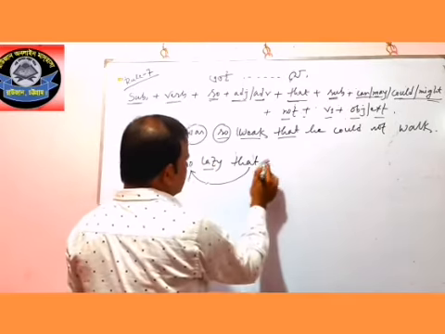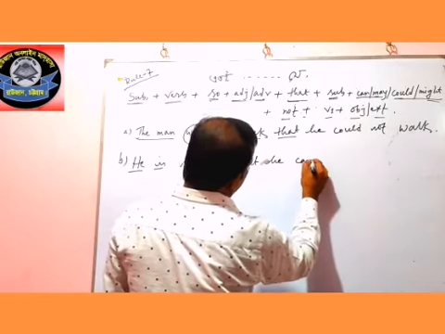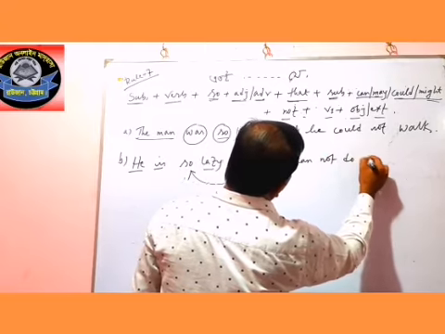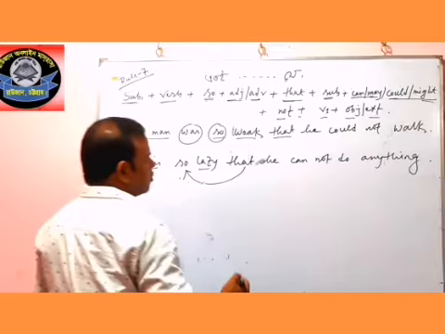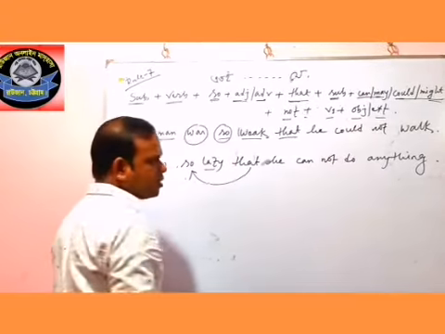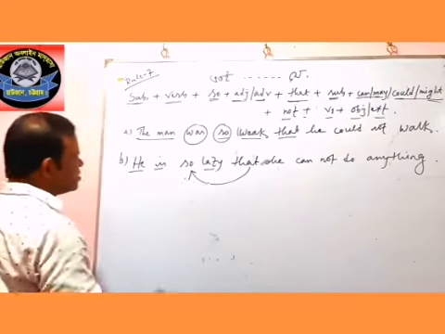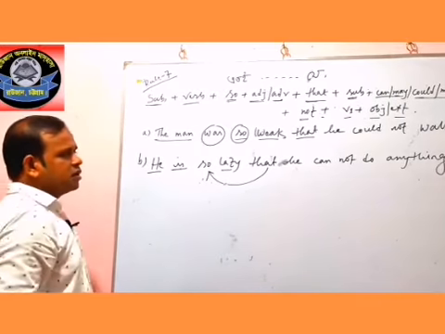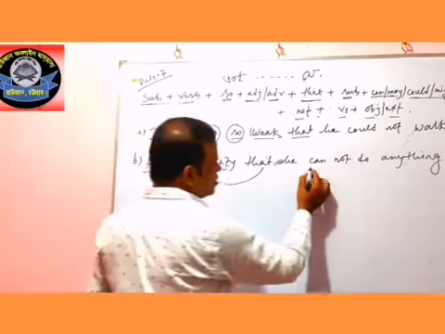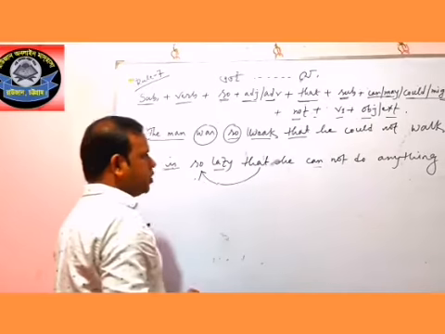He is so lazy that he cannot do anything. Why have I written cannot? Because the first part is in present indefinite tense, then you have to write cannot or may not.